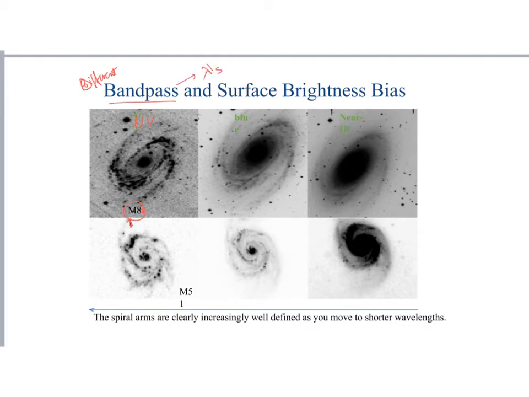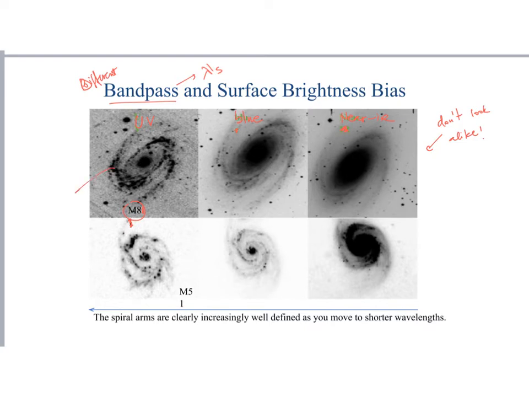We have the UV image, and then we have the blue image here, and then we have the near infrared image, and you see they don't look alike. Like the edge of the galaxy is different.